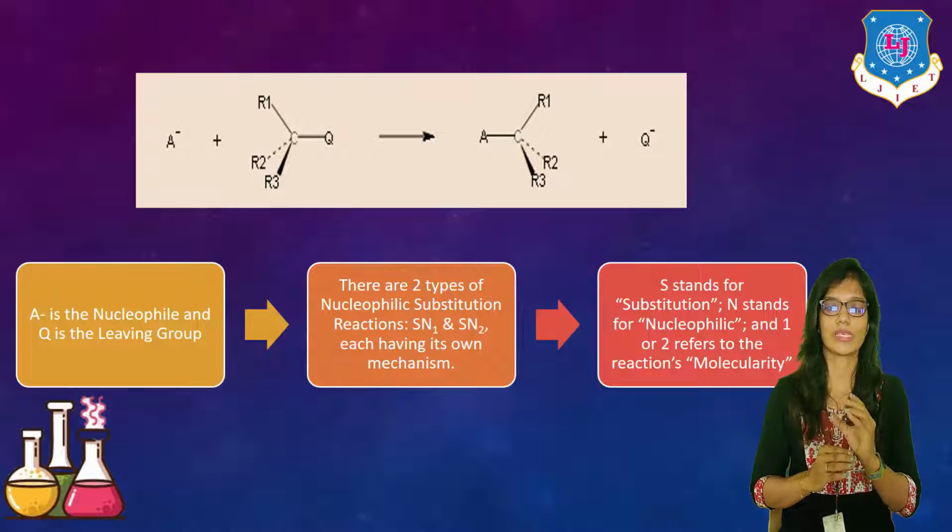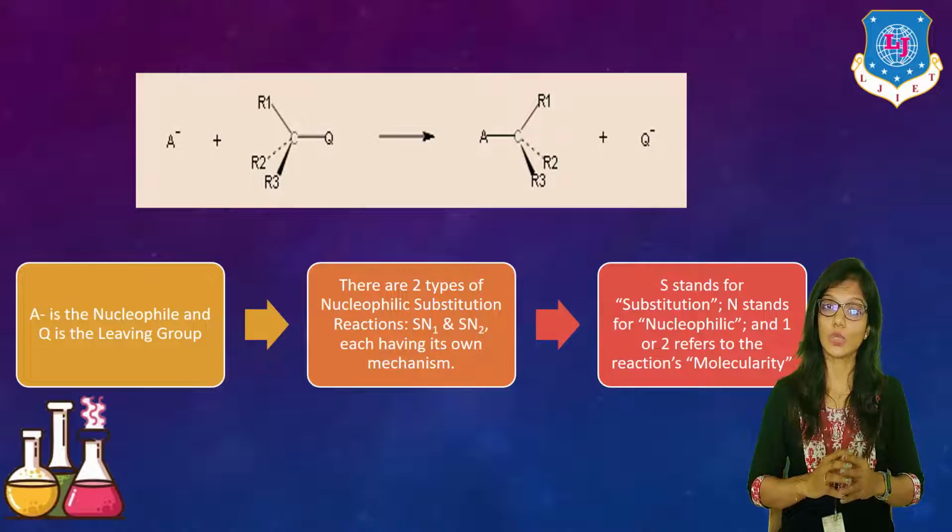As you can see, Q is out of the compound and A has entered. So A substitutes Q. Here A minus is the nucleophile and Q is the leaving group.